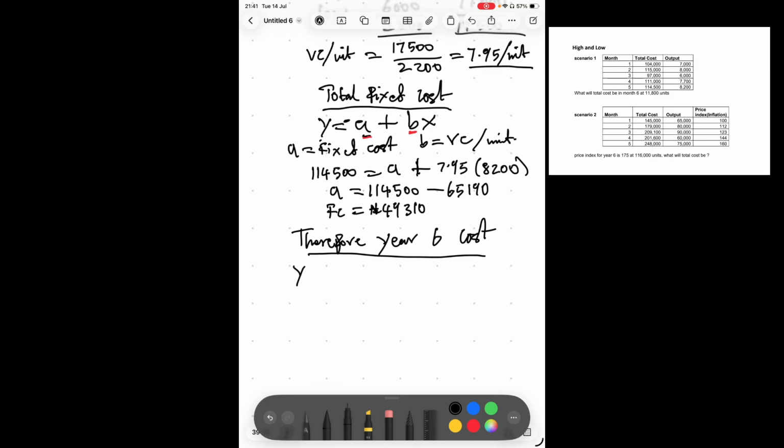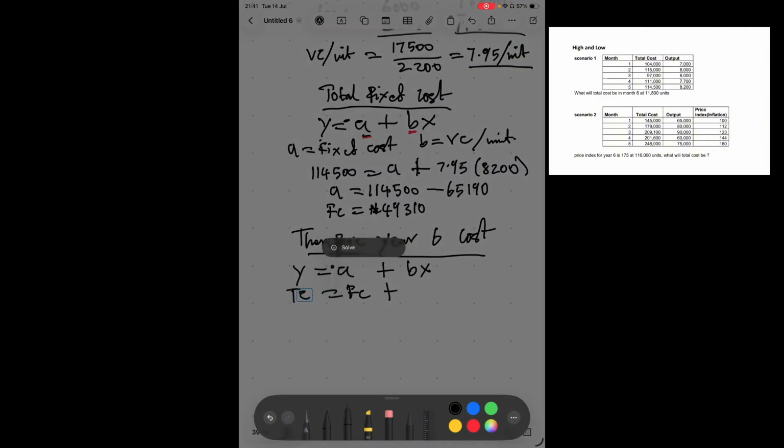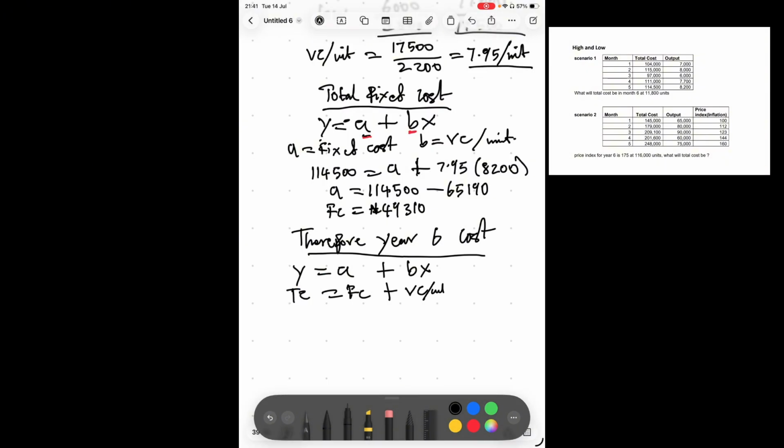If I use the cost function a plus bx, remember that total cost is what I'm looking for, which is y. Total cost is equal to fixed cost plus variable cost per unit times quantity, which is x. So I've gotten the fixed cost as 49,310 plus the variable cost per unit calculated at 7.95, times the quantity in year 6.